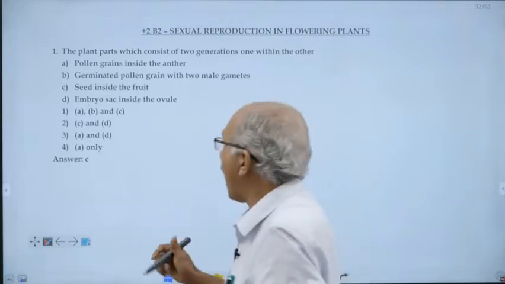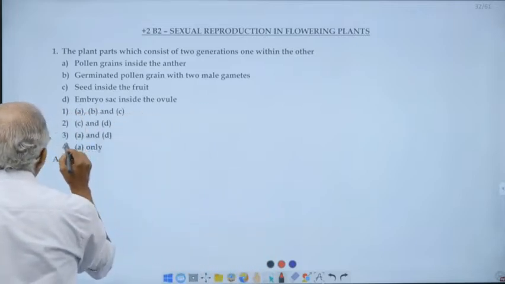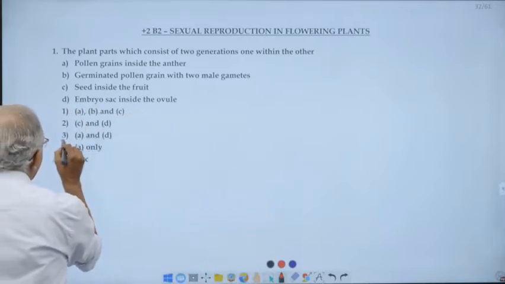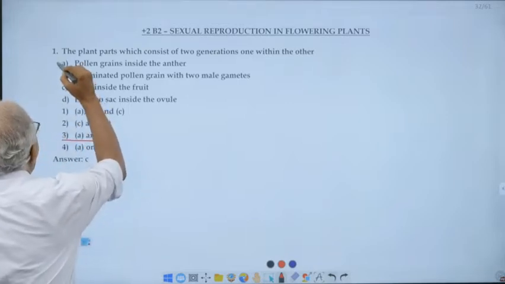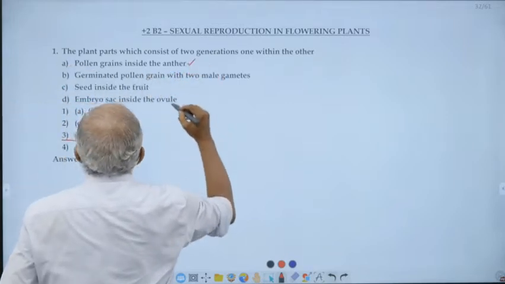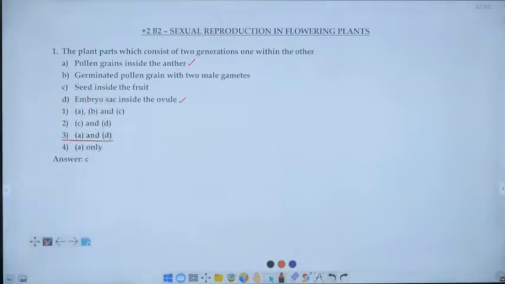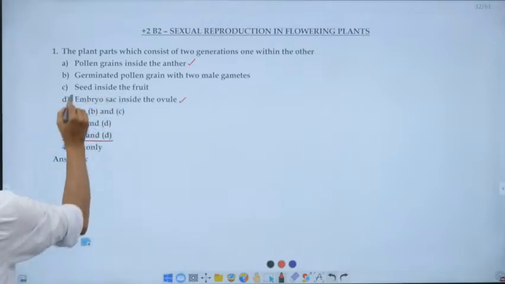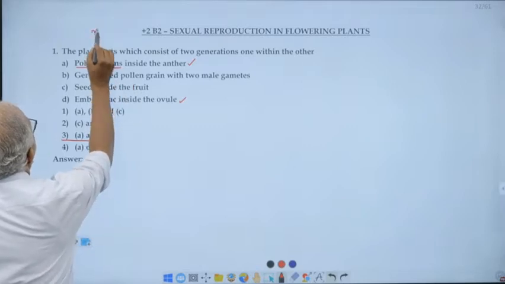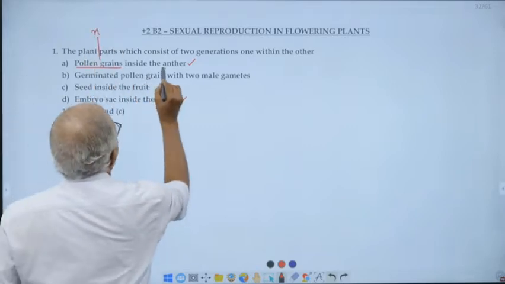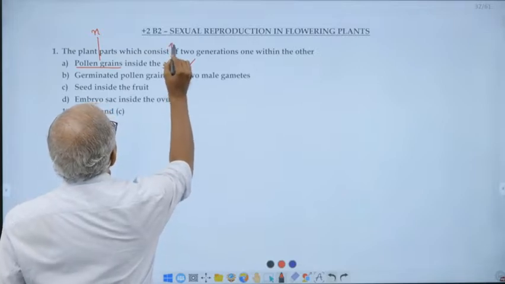Here, the answer is C, that is the third one: A and D. How is it? A, pollen grains are haploid. Anther is diploid.